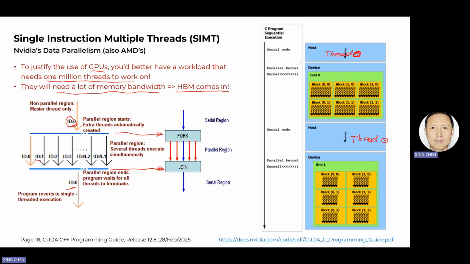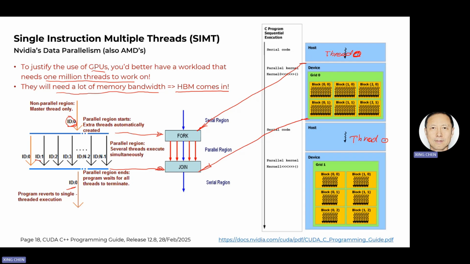If you just look at this part and this part, what's the difference? What's the similarity? The similarity is that for CPU computing, for OpenMP, when you need a lot of threads, the system is going to create a lot of threads.